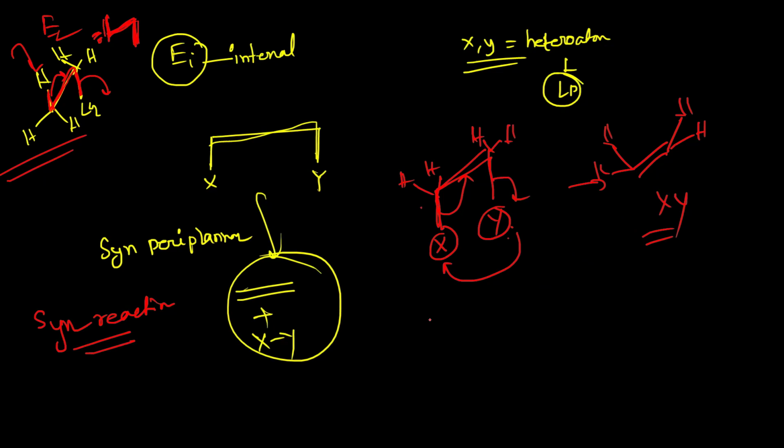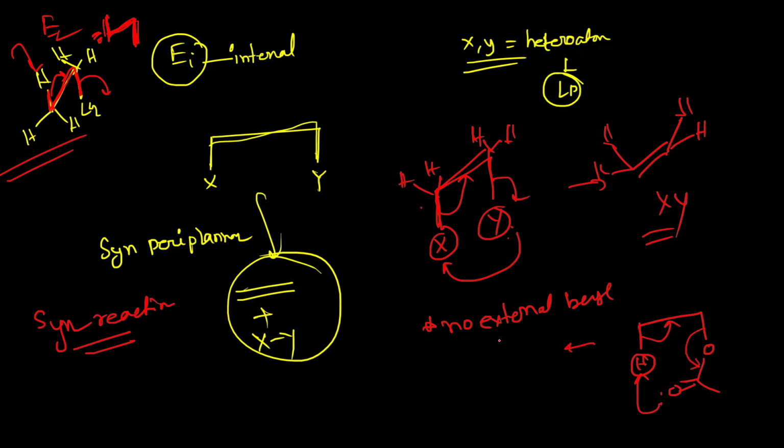If no external base is given, then what will happen? For example, I have a substrate like this, OC=O CH3, with a hydrogen. This is also a kind of system where syn elimination occurs. That O will attack here, this will shift here, and this will shift here.